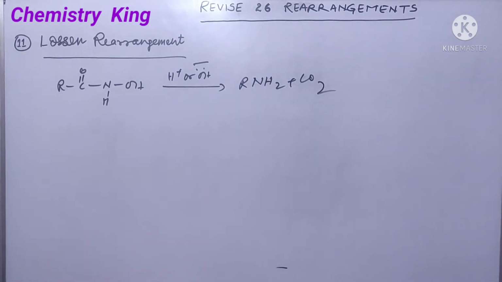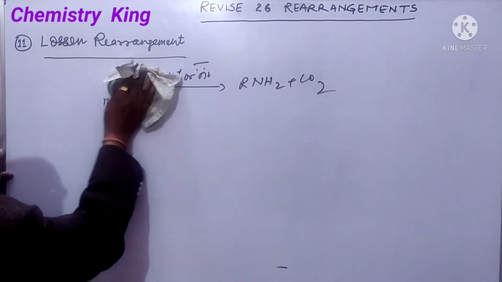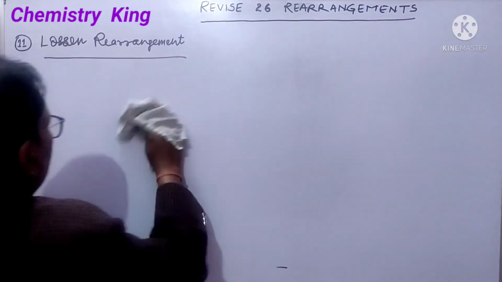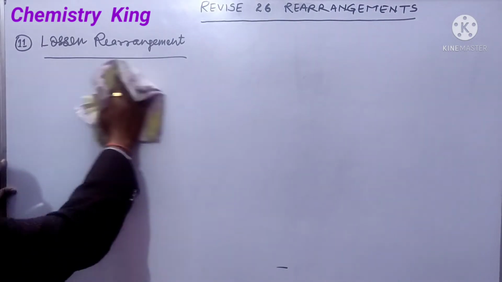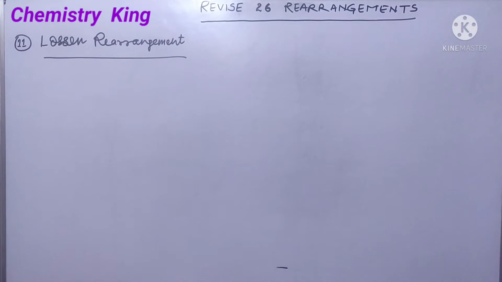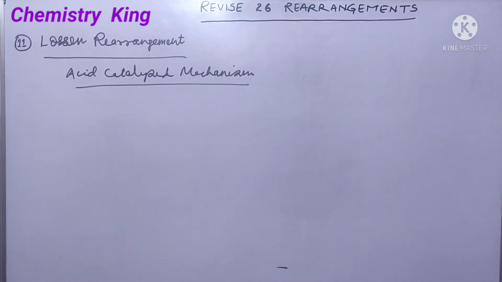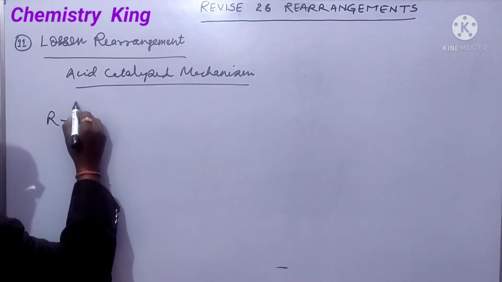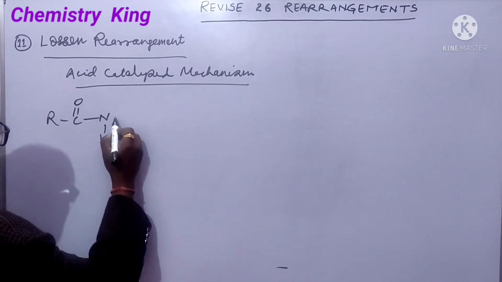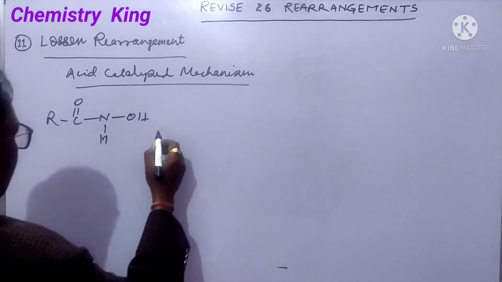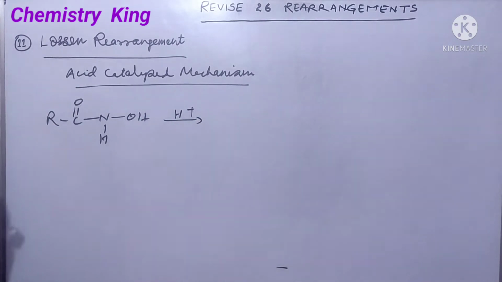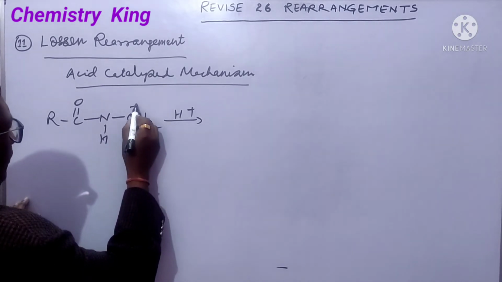Now we will see its mechanism: mechanism in presence of acid, and then mechanism in presence of base. First we see acid catalyzed mechanism. It is RC double bond O, NH, OH. In presence of acid, what will happen? H plus will come here, leading to OH2 plus. Okay?